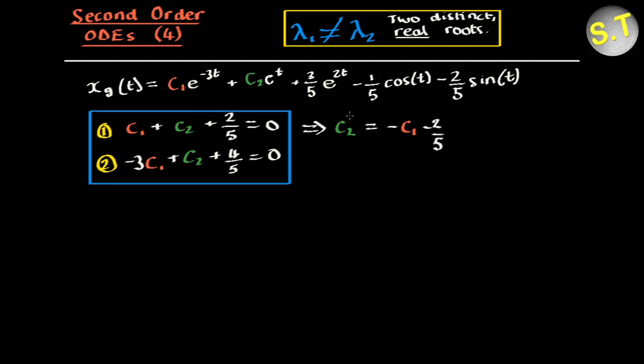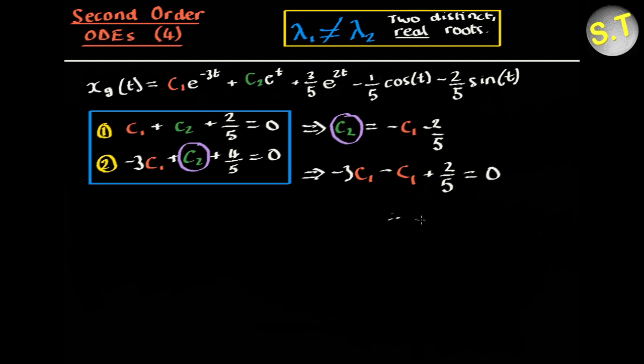So then if we take our value for c2 and put it into here, equation 2 becomes minus 3c1 minus another c1, and minus 2/5 plus 4/5 is plus 2/5, so plus 2/5 is still equal to 0.